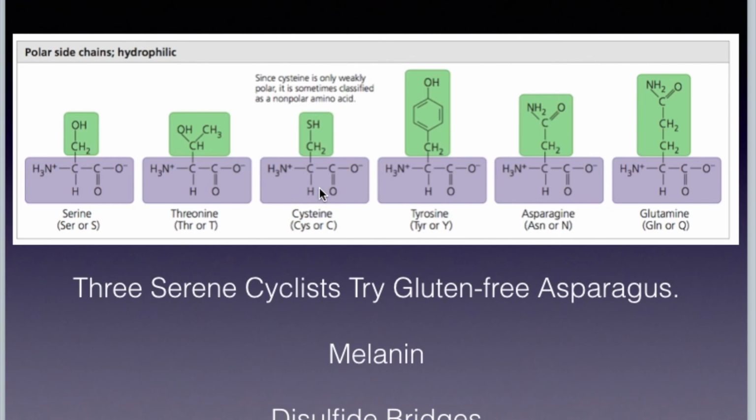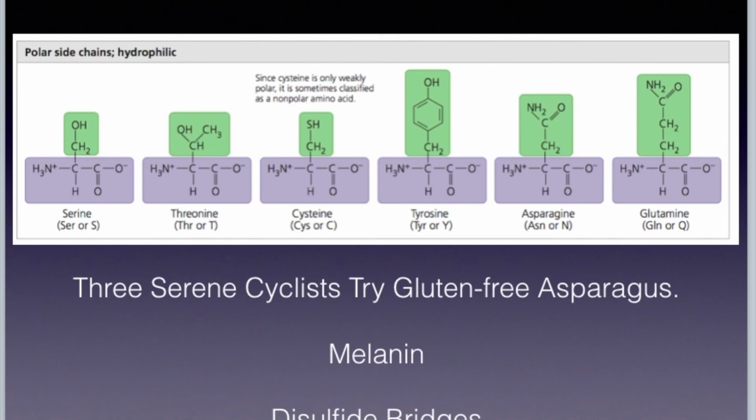This also explains why the element sulfur is fundamental and essential for the process of life, because it is built into cysteine, an amino acid which can form disulfide bridges crucial to the structure of the proteins.